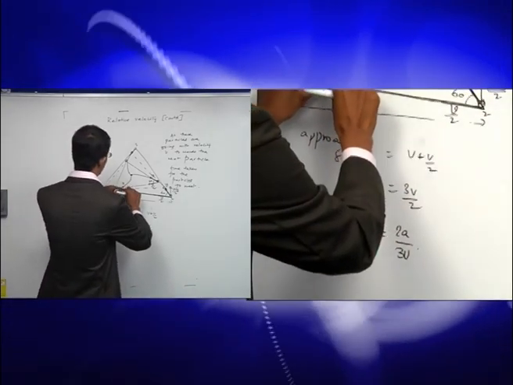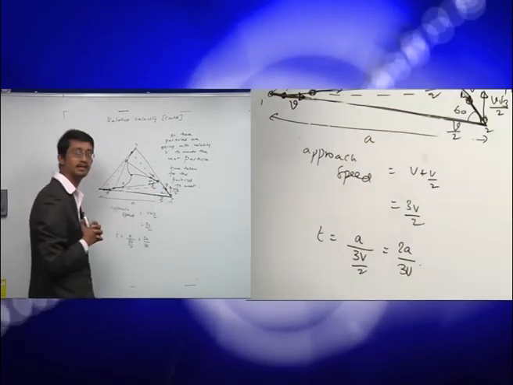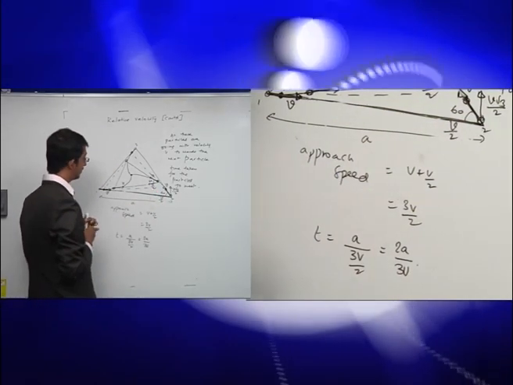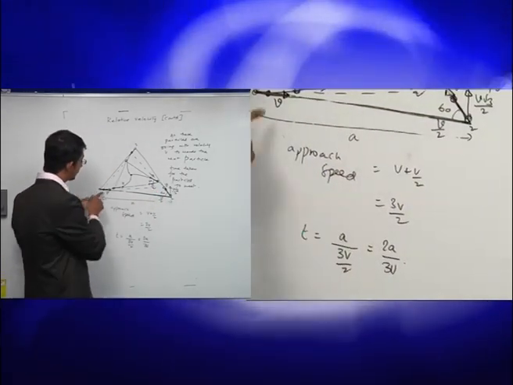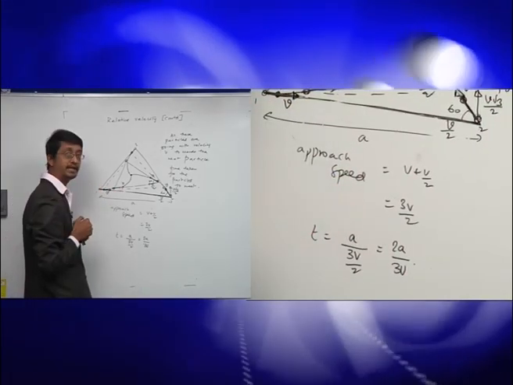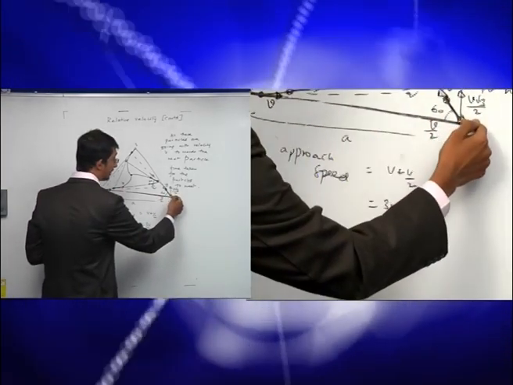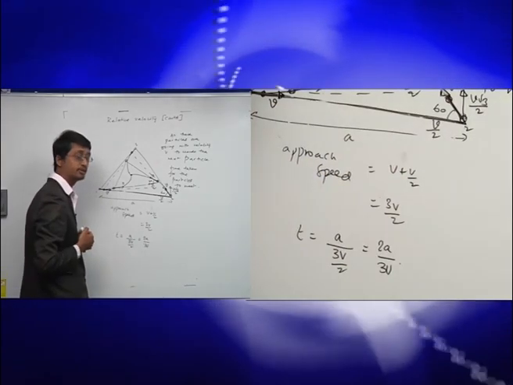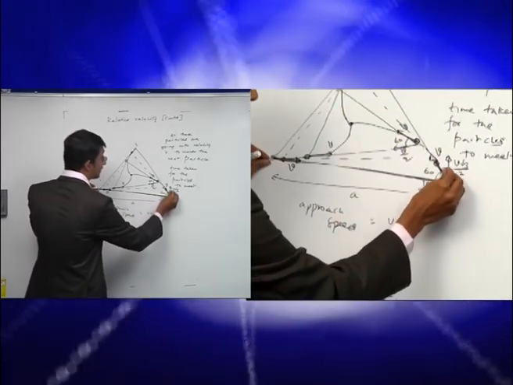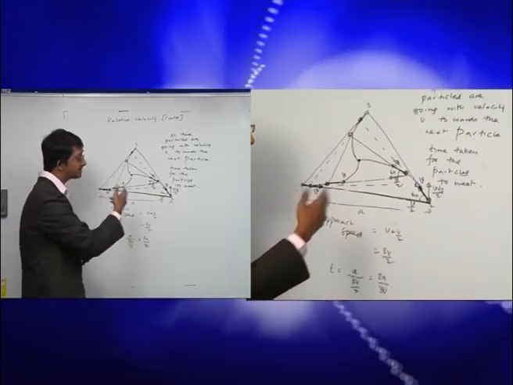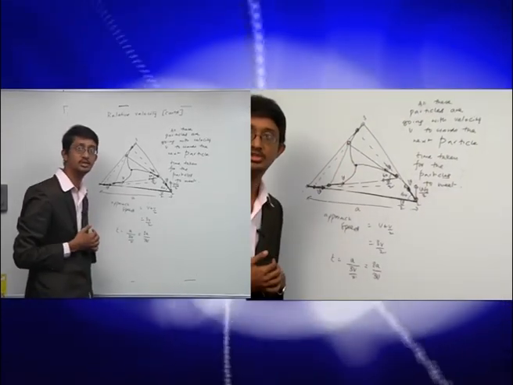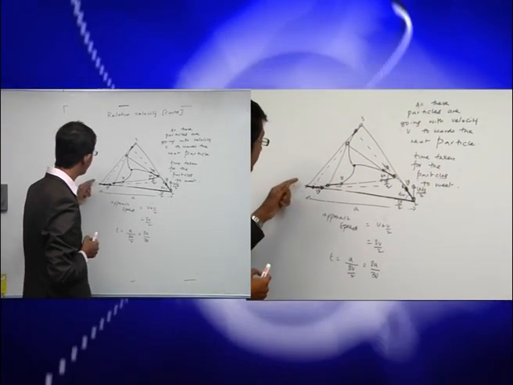Suppose you join 1 and 2 with a rod. Now 1 is moving on the rod with a speed v, 2 is moving on the rod with a speed v by 2, and the rod itself is rotating with v root 3 by 2. Isn't this situation similar to the original situation? See, after all, 1 has a speed v.